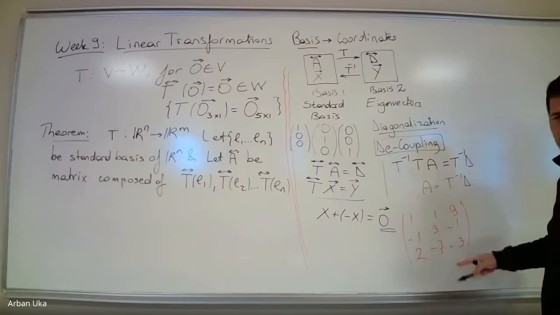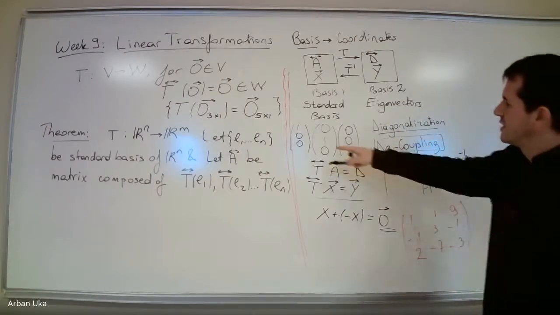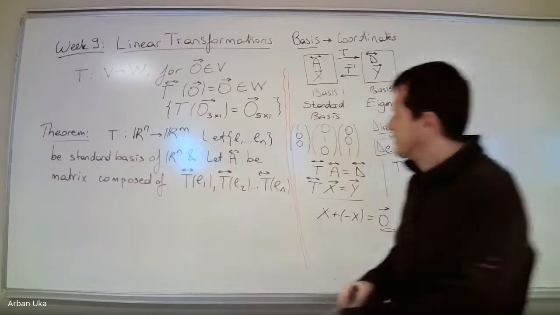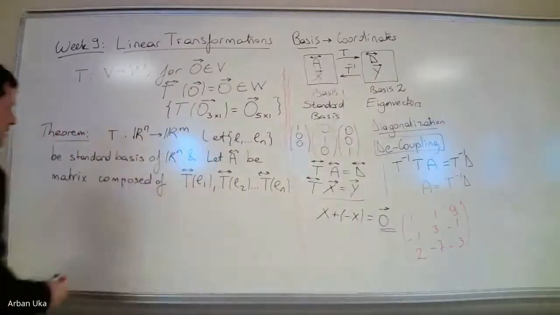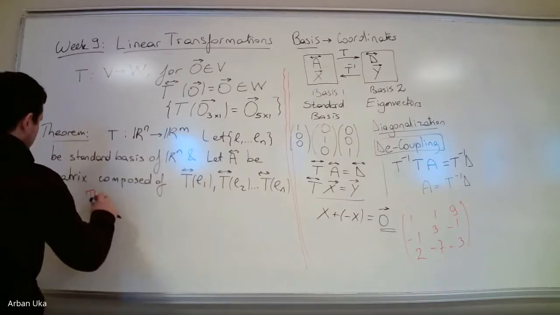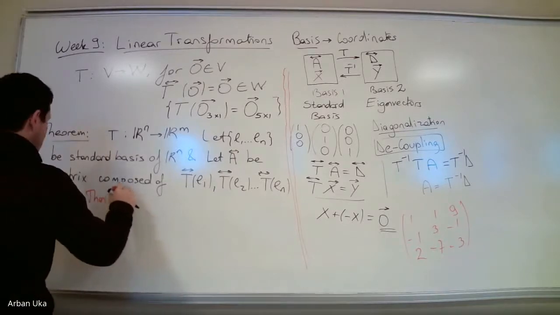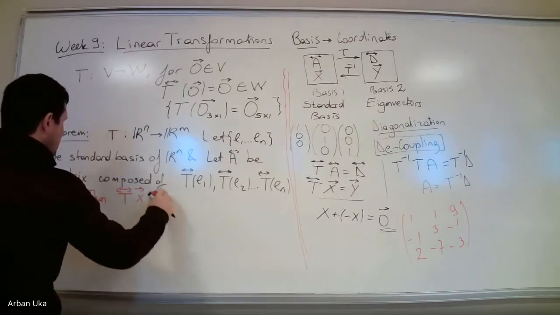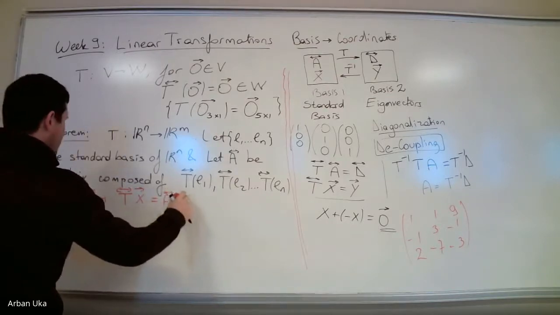This is also a basis for three-dimensional space, but this is the standard one. This is E1, E2, E3. Then we can say that T times a vector x can be represented by Ax.